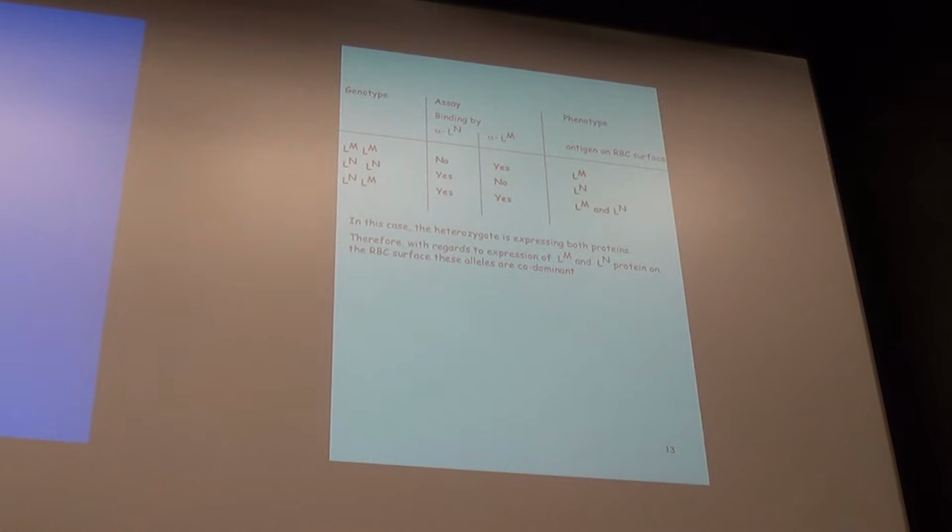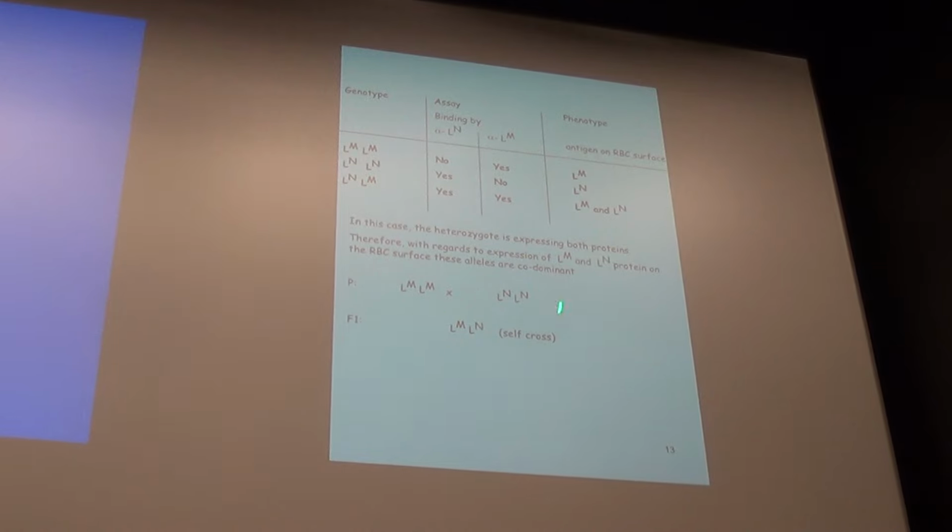So now if you take a cross between individuals that are LM-LM and LN-LN, the F1 generation will produce individuals that are LM-LN simultaneously. So they'll be codominant. Now you can do a self-cross.